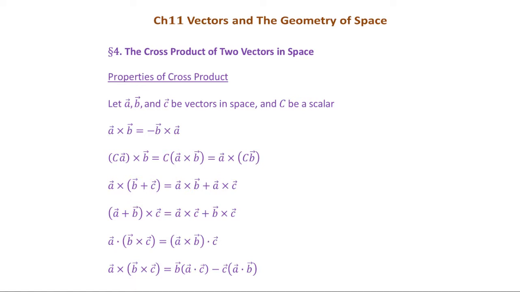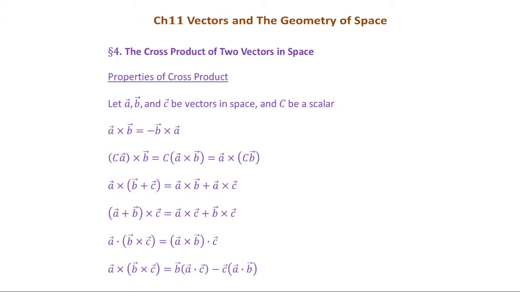Or you can put C in the front to get C dot A cross B. That means you can rotate the vectors A, B, and C in this product. It's called the triple product because you have three vectors and both the dot product and cross product.